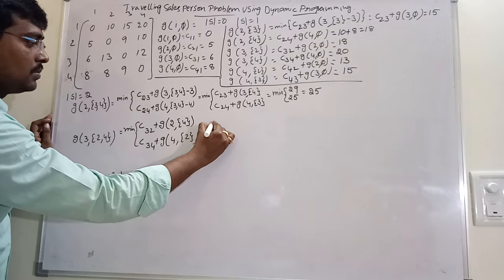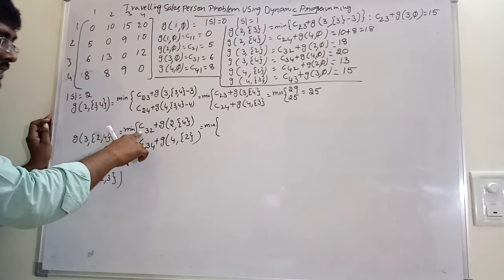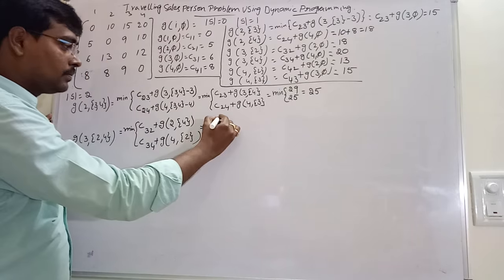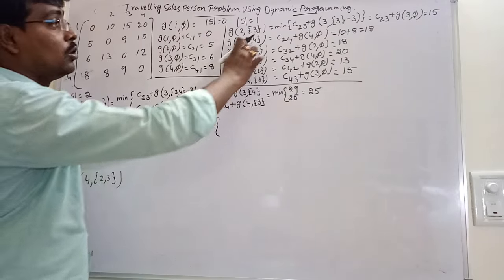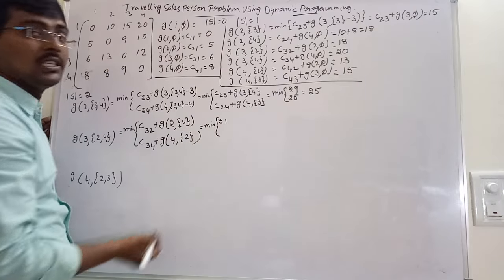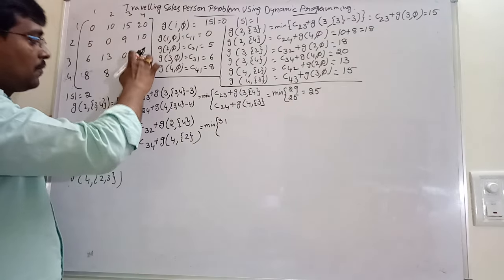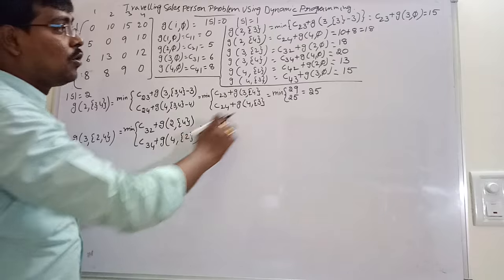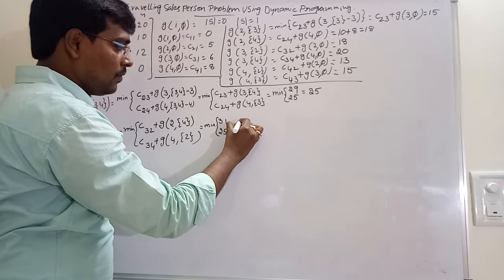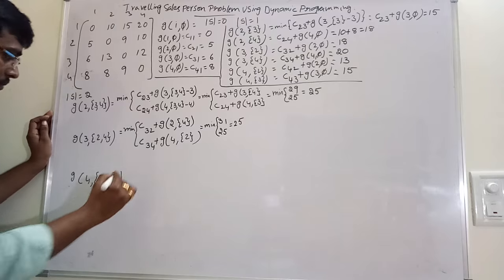That means minimum of C32. C32 value is 13 plus G of 2 comma {4}. G of 2 comma {4} value is 18. So total value is 31. C34 value is 12, G of 4 comma {2} value is 13. So 25. Minimum value is 25.